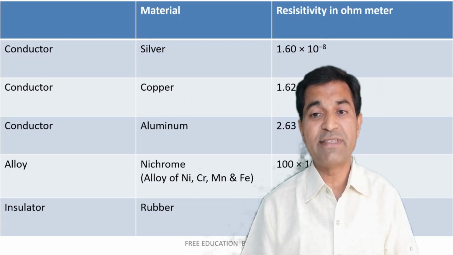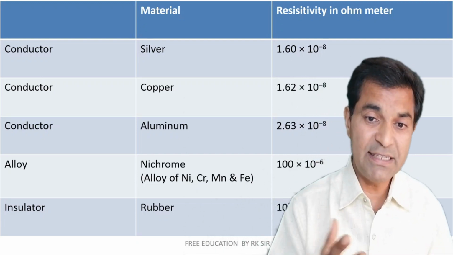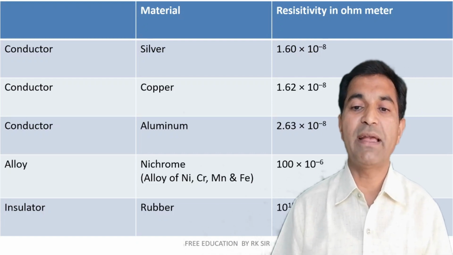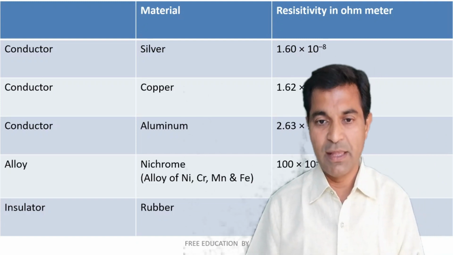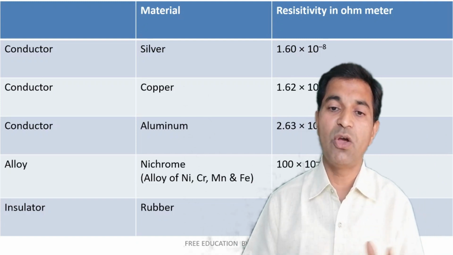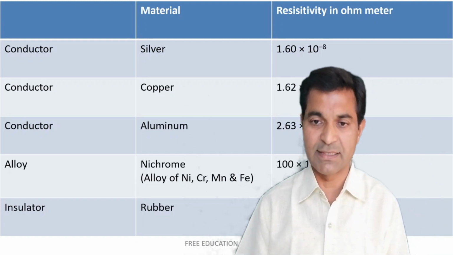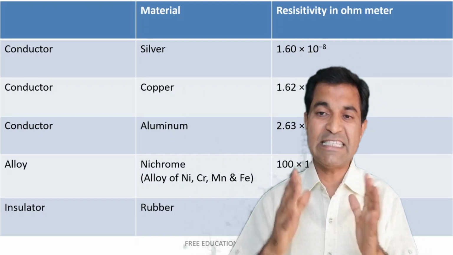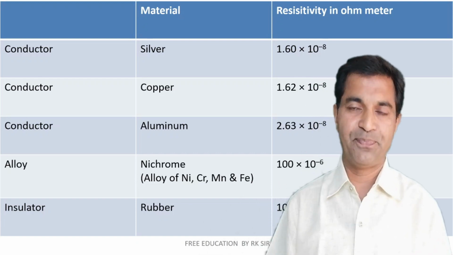Aluminum is having 2.63 into 10 to the power minus 8, but see the resistivity of the alloy of nickel, chromium, manganese and ferrous, that is nichrome. The alloy nichrome, which is the alloy of nickel, chromium, manganese and ferrous, is having 100 into 10 to the power minus 6 ohm meter. Resistivity is expressed in ohm meter.